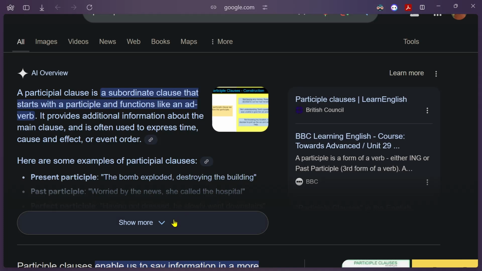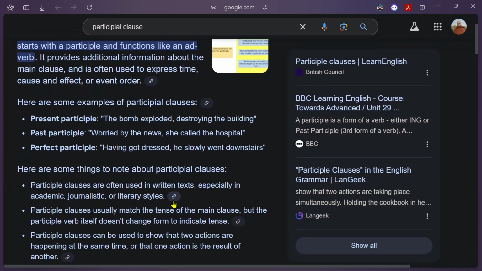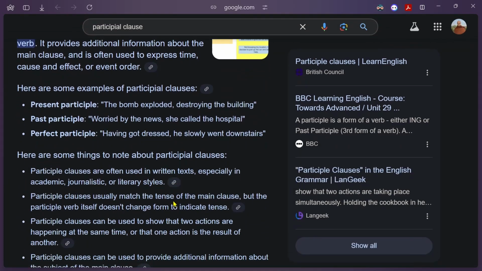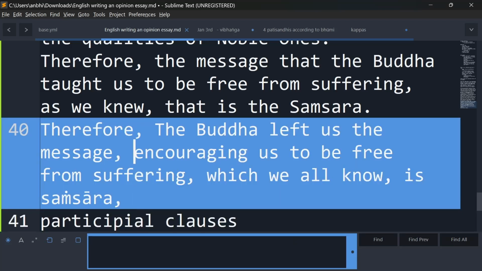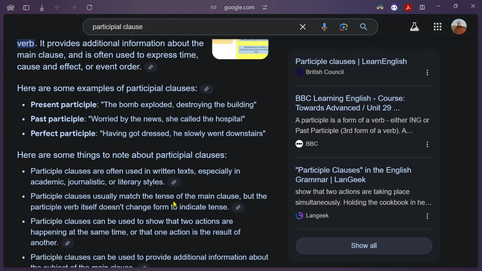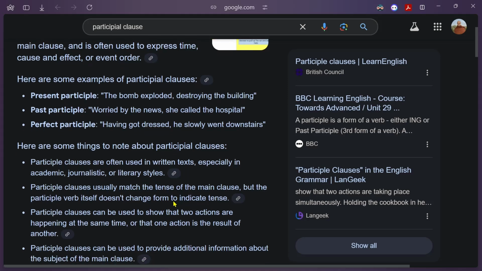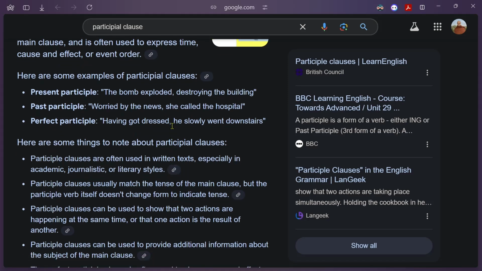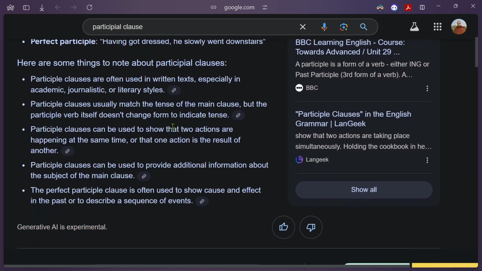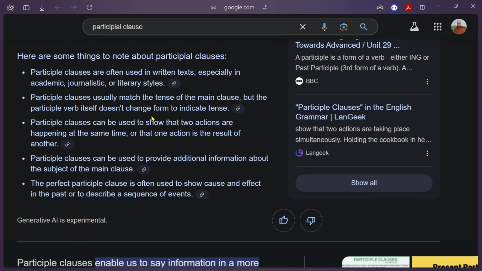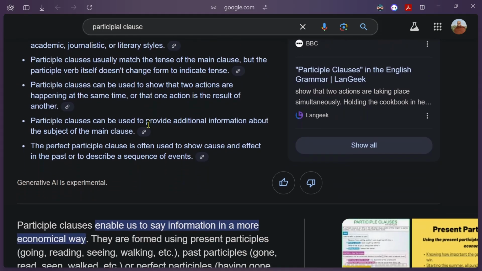The bomb exploded, destroying the building. See, there is a comma over there. Some need a comma, some don't need a comma.